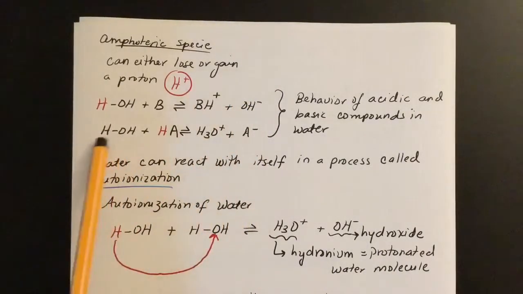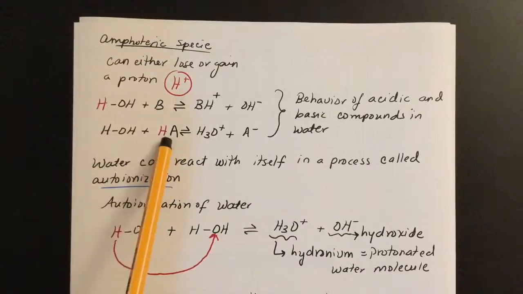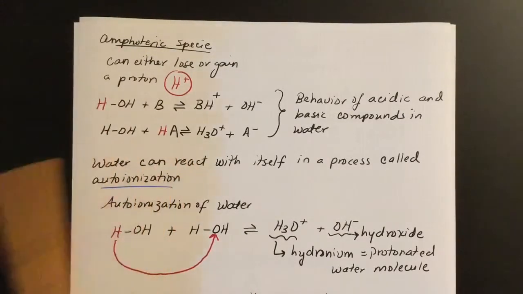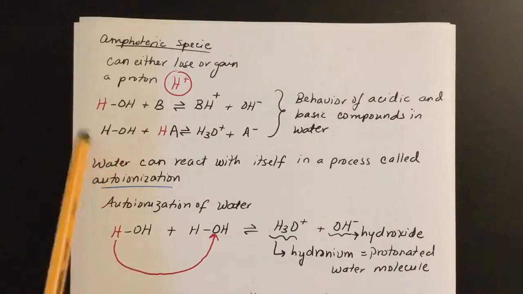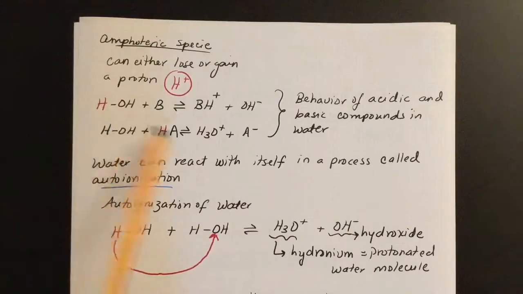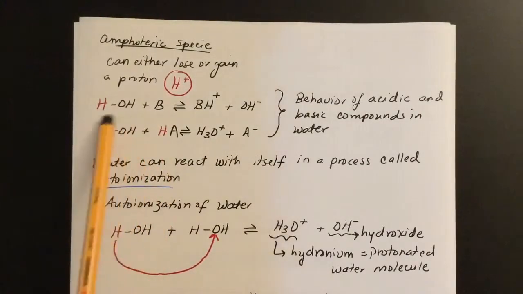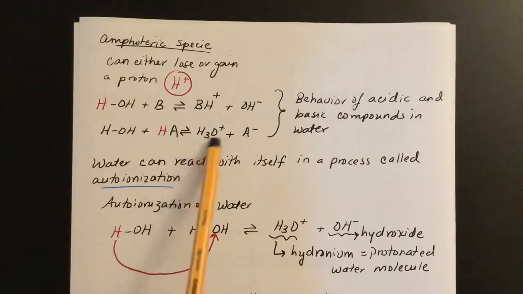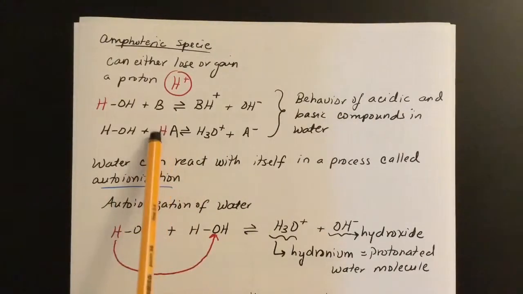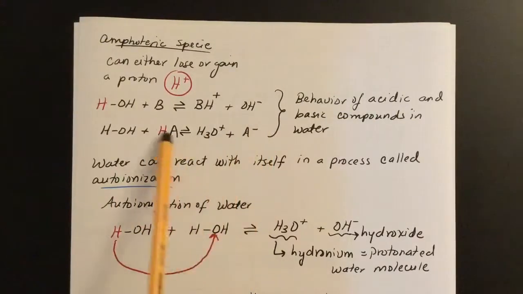And then I have here my water molecule mixed with an acid, HA. So the acid will be acting as an acid, and then your amphoteric substance, water in this case, will be acting as a base, accepting the proton. So your base here accepting the proton will become H3O plus in this case, which is your conjugate acid. And then the acid donating the proton will give you the negative part of your acid, which is the conjugate base.